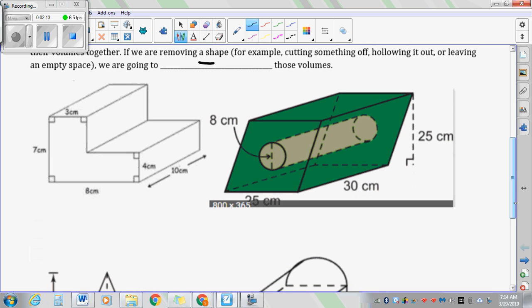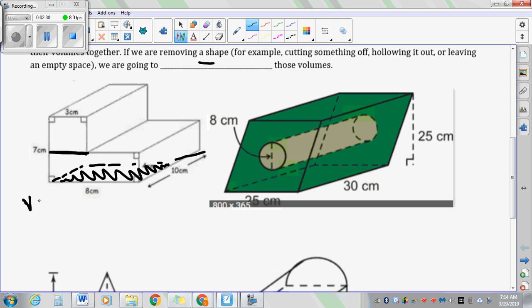I just have some examples here. Notice I can make a cut right there. You could also make a cut right here. That would also work out just fine. So I'm going to find the volume of this. Sometimes it helps me to draw in that base, because this base shape down here is what I'm actually looking for.